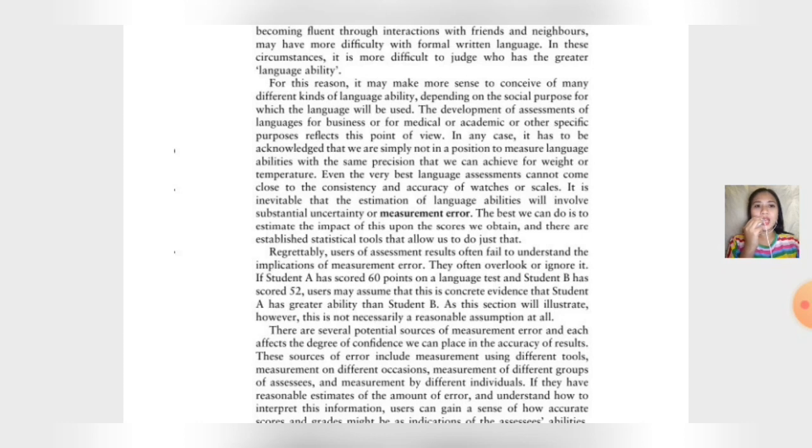If student A has scored 60 points on the language test and student B has scored 52, users may assume that this is concrete evidence that student A has a greater ability than student B. As this section will illustrate, however, this is not necessarily a reasonable assumption at all.